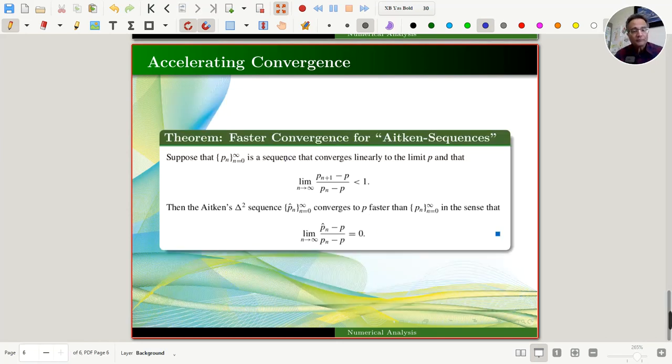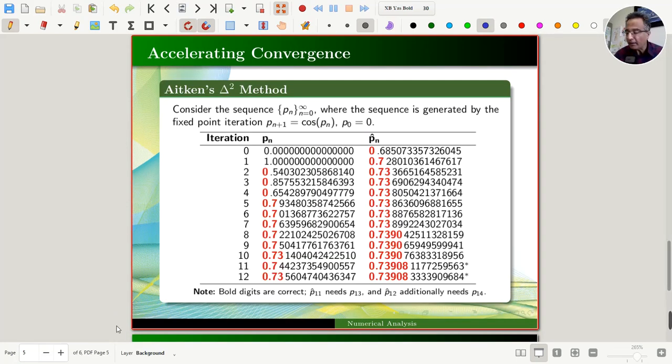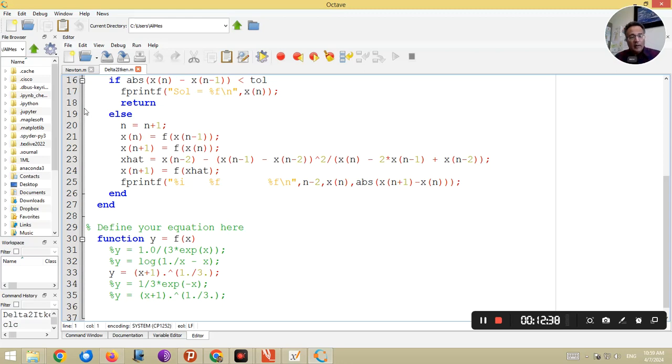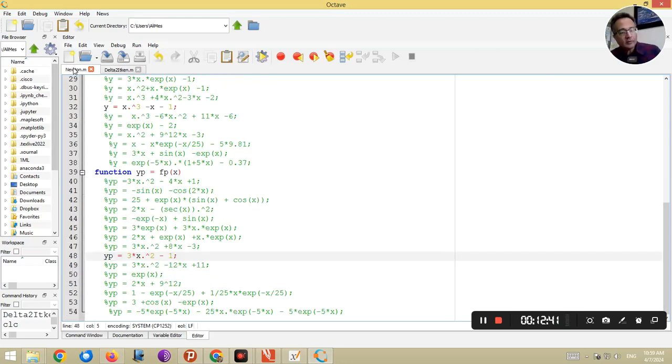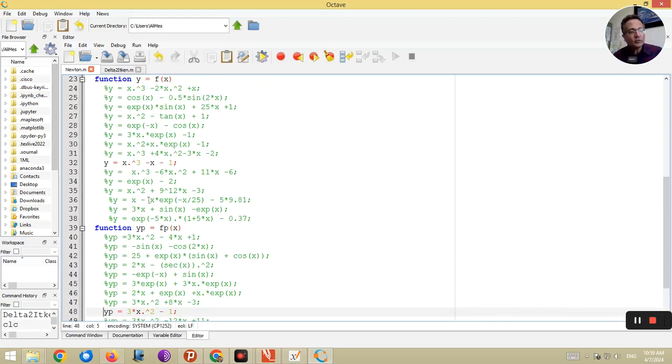Now let me show you and compare the rate of convergence, in fact the speed of convergence, in some different methods. As an example, suppose that we want to find the roots of the equation x cubed minus x minus 1 equal to 0, both with Newton method and with Aitken's delta squared method.